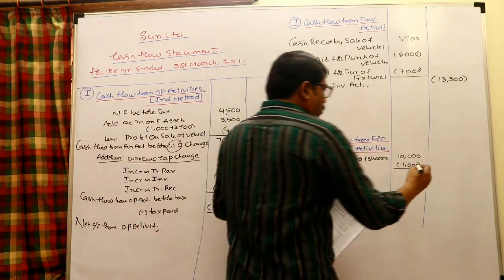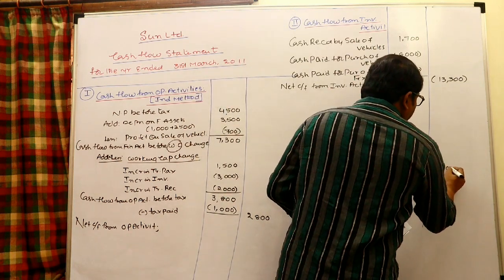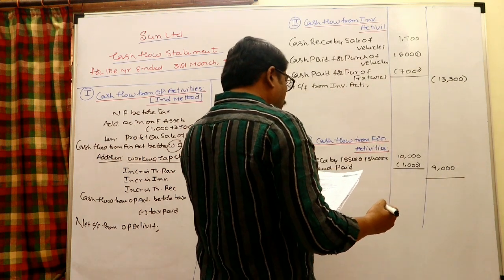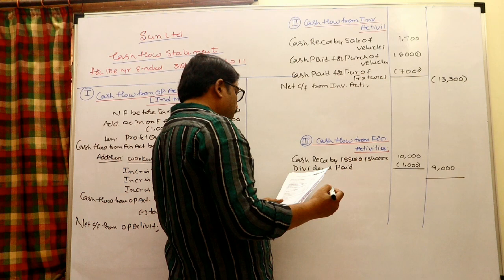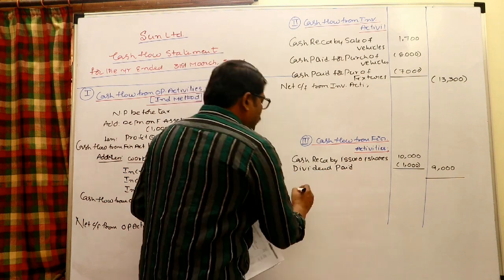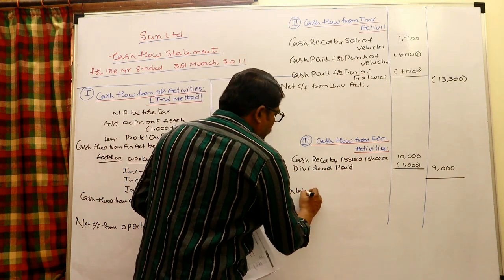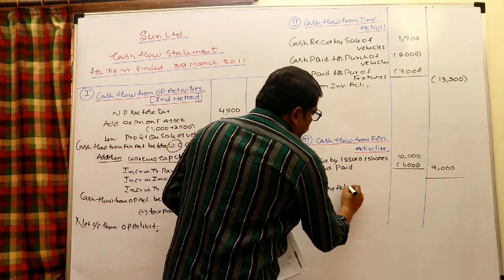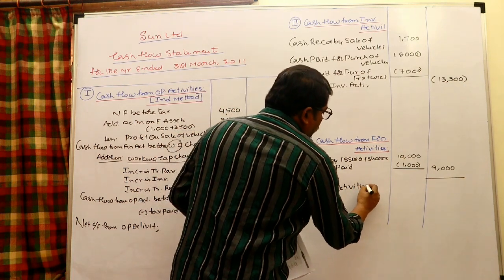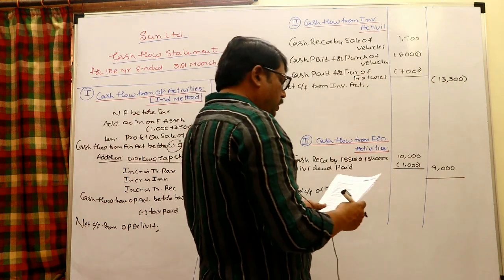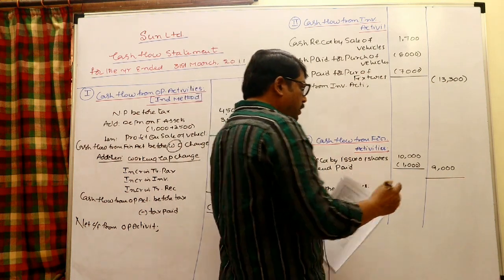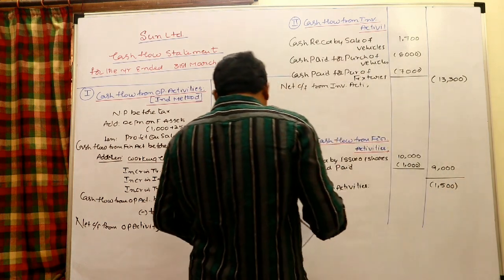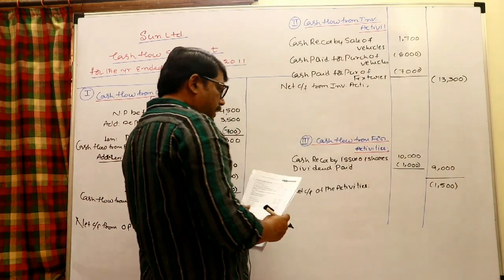Write the net amount in the outer column, 9,000. We can say that net cash flow of all the three activities is 1,500 minus.